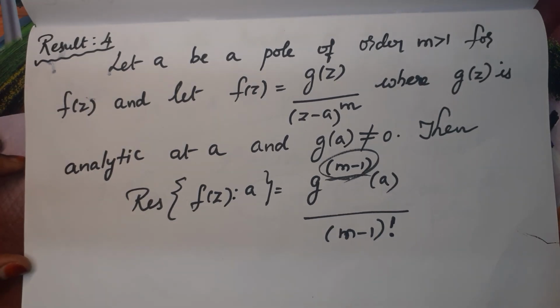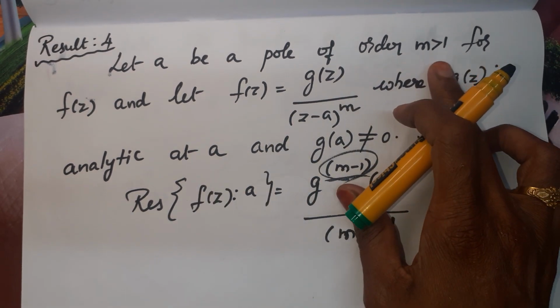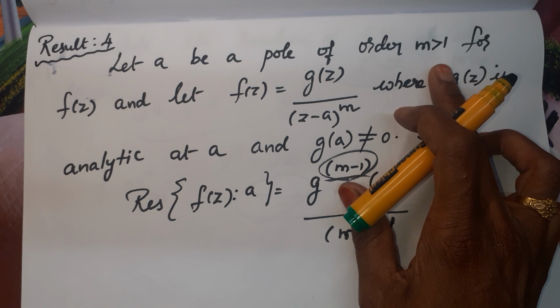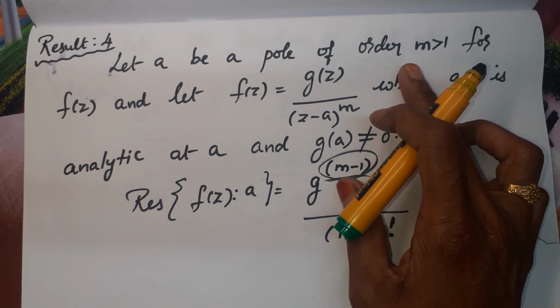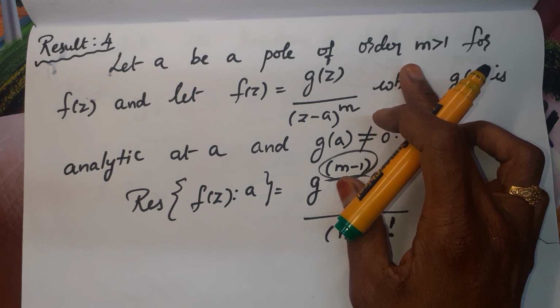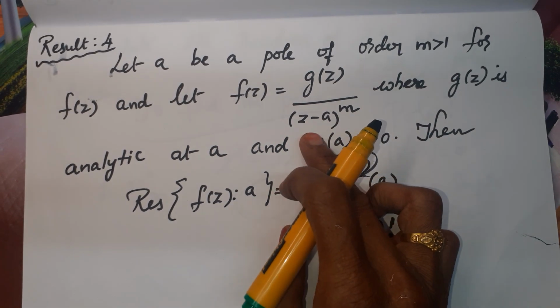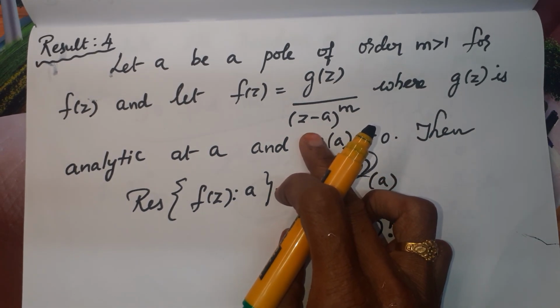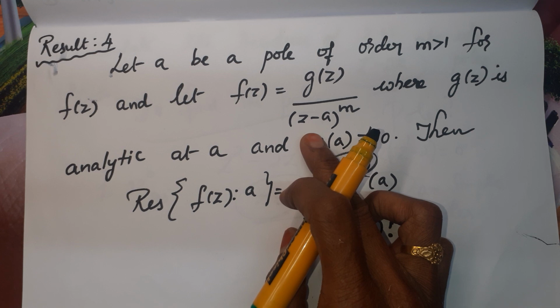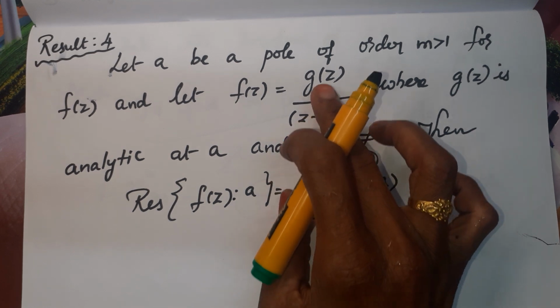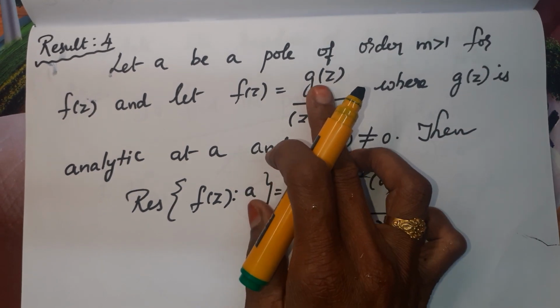We saw one result in my previous video. If a is a pole of order m, greater than 1, that is, not a simple pole, this result is applicable. For example, 0 is a double pole, since it is repeated twice, so here m equals 2. Leaving the factor (z minus 0) squared in the denominator, treat all the other terms as g of z.